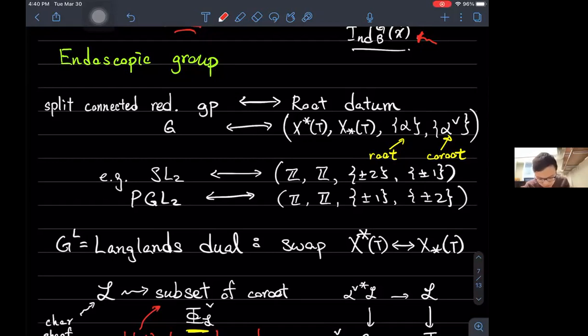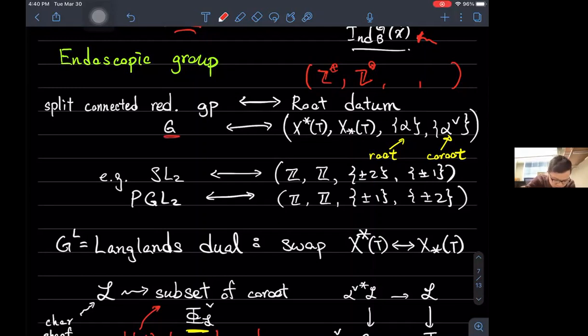So basically the first two entries are free abelian groups, dual to each other, and then the third and fourth are some subsets of these abelian groups which satisfy some reflection properties.